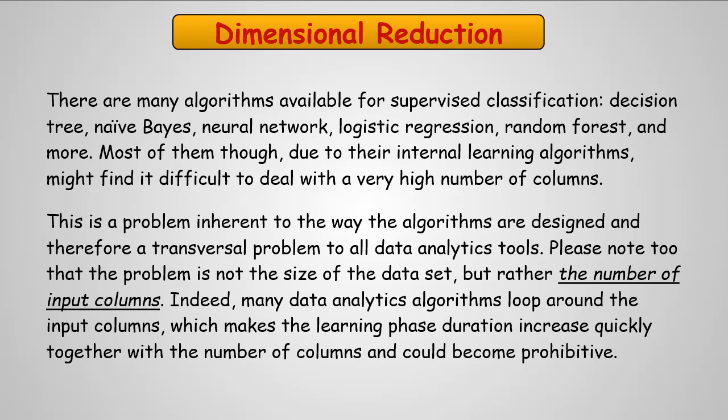This is something that's inherent to the way the algorithms are designed. The problem is not the size of the data set in terms of the number of rows. The problem is the number of columns it's having to process. And many of these algorithms have to loop around these input columns. So the more columns there are, the more slowly they run.